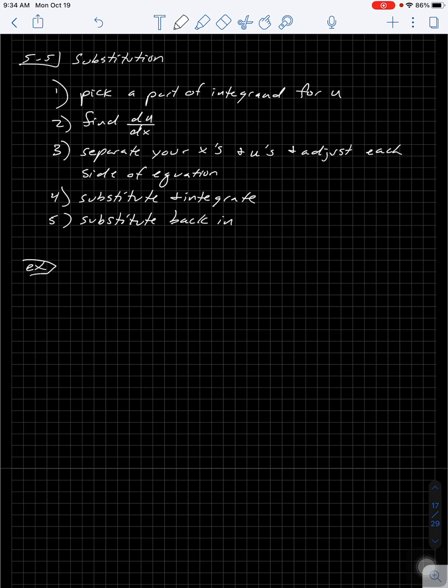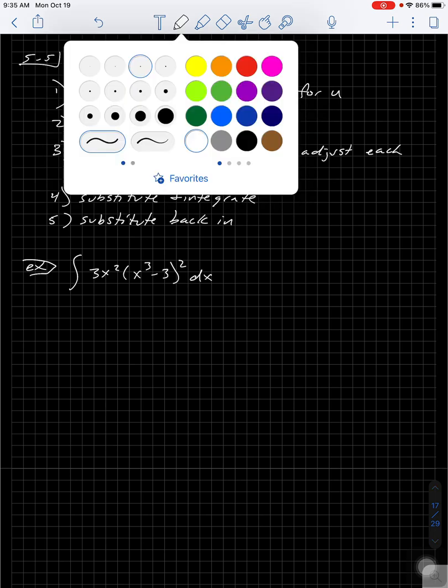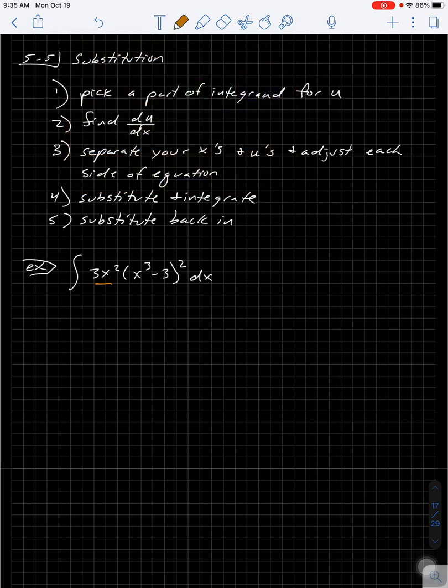Here's our example. We're going to integrate 3x squared times (x cubed minus 3) squared dx. Okay. So again, just to review, if you got this problem cold, you would look at it and you'd say, hey, this is a product of two things, so I actually can't integrate it.